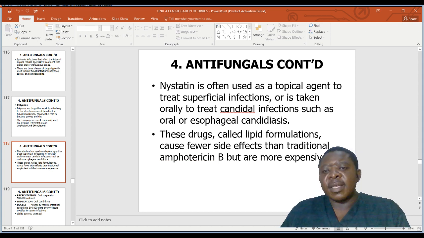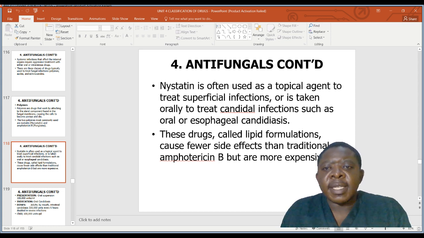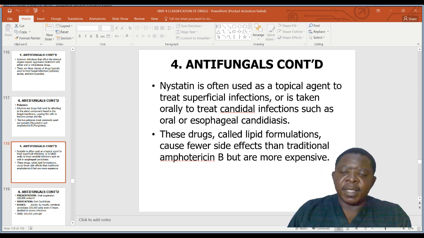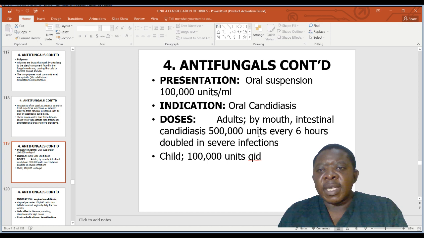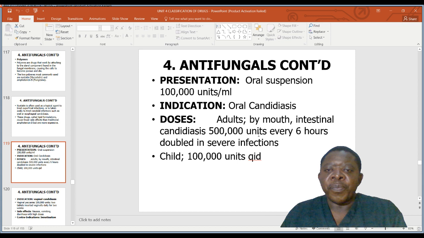These drugs called lipid formulations cause fewer side effects than traditional amphotericin B, but are more expensive. Presentation, you can have oral suspension and the like. So for oral candidiasis, adults by mouth, intestinal candidiasis, you can give those units.